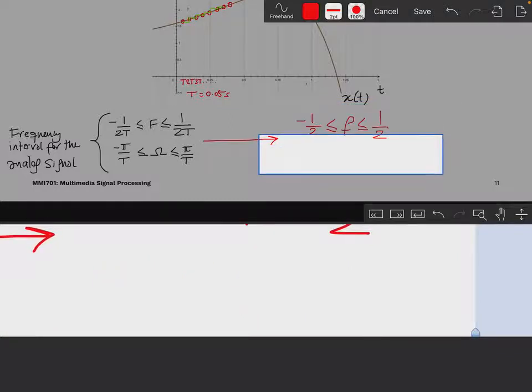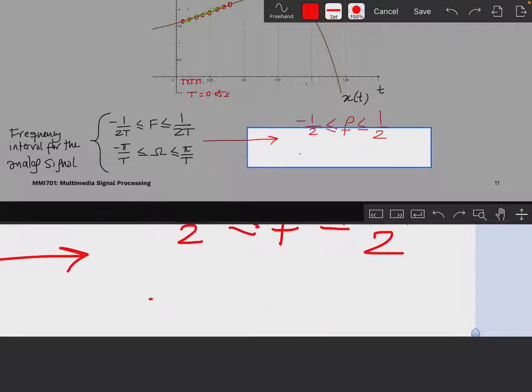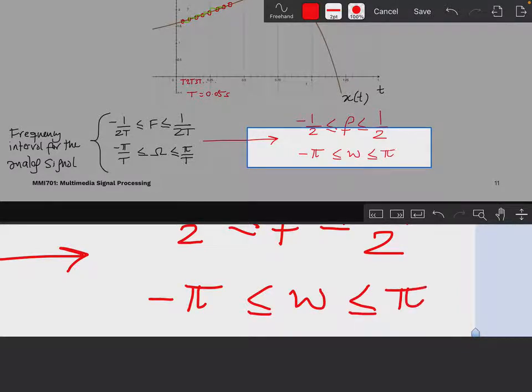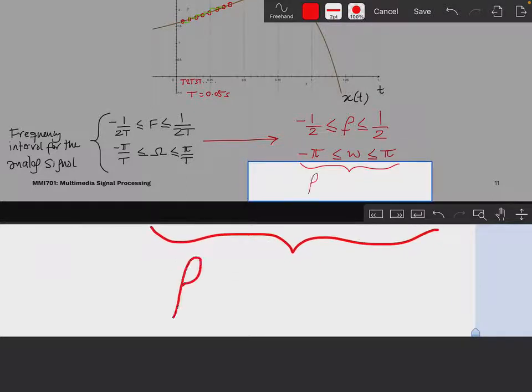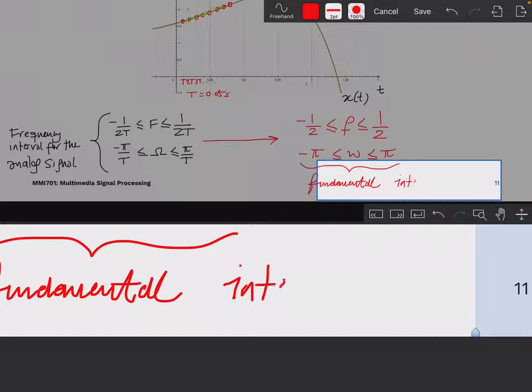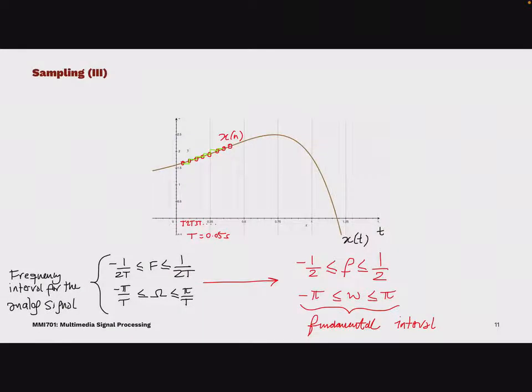And for omega, that same range is between -pi and pi, the radial frequency is between -pi and pi. And this is the fundamental interval.